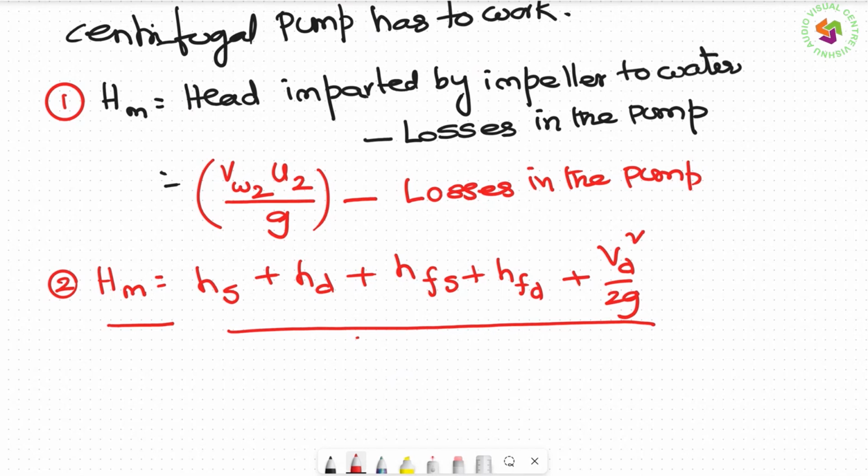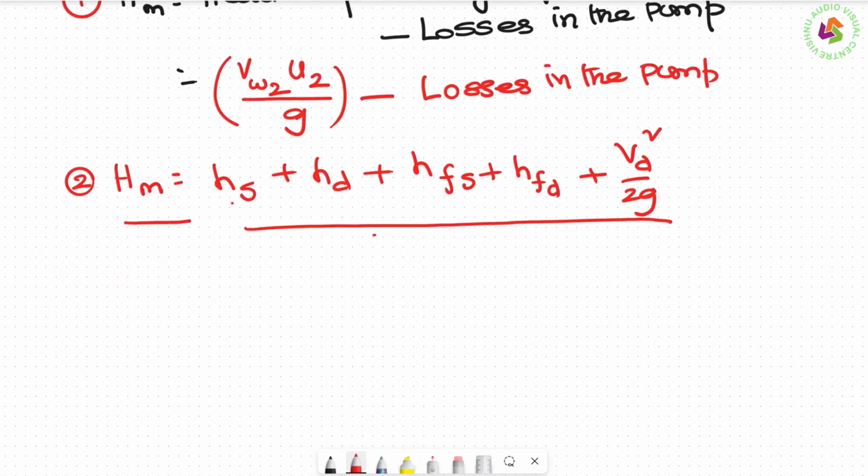So the manometric head is the suction head, delivery head, friction loss in the suction pipe and friction loss in the delivery pipe, and finally the velocity head in the delivery pipe. Again, I need not mention once again, Hs is the suction head, Hd the delivery head, plus friction loss in the suction pipe, friction loss in the delivery pipe, plus the velocity head at the end, at the outlet of the pump. So these are the things.